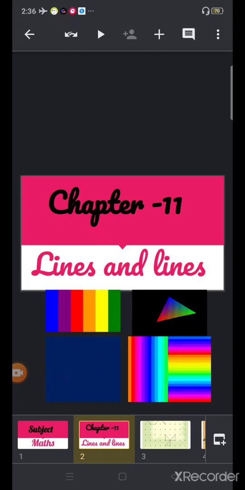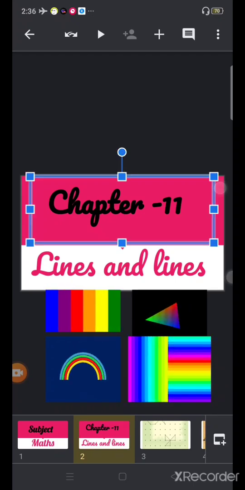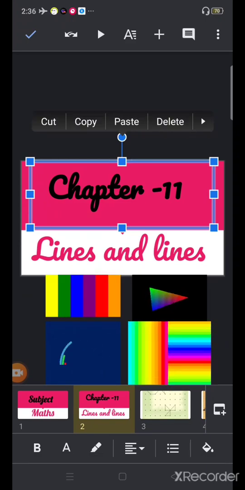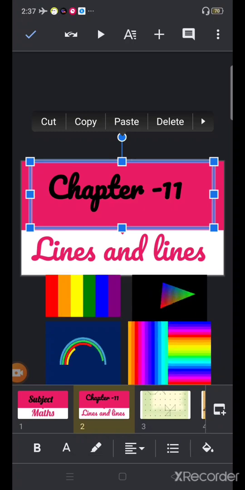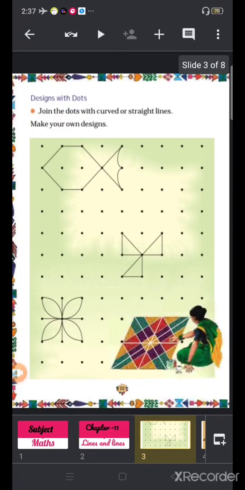So, open your book, page number 88. This is the maths book, page number 88. On this page, you will draw some figures by joining dots.